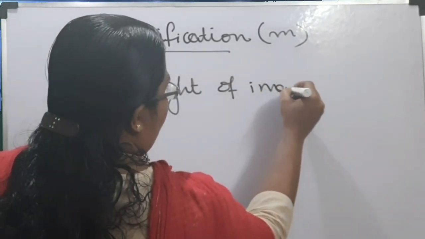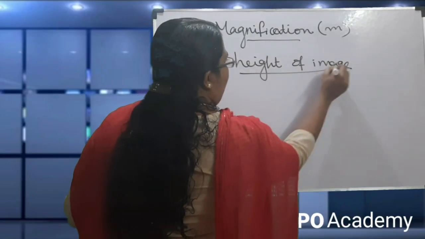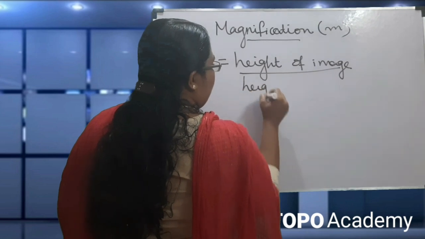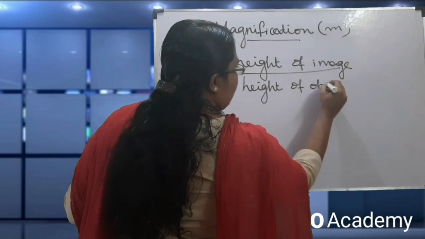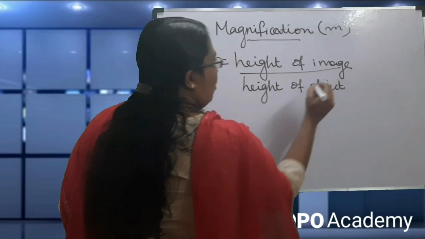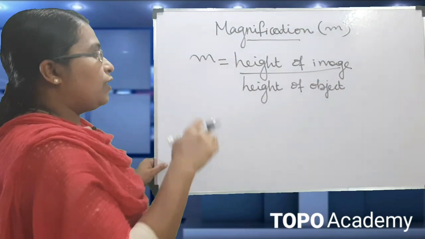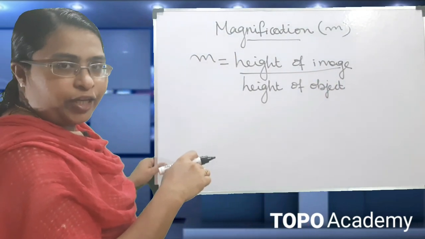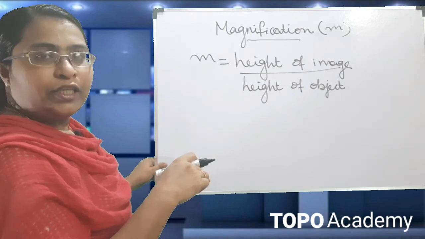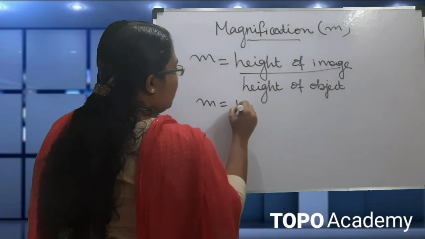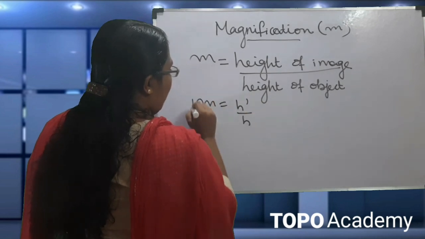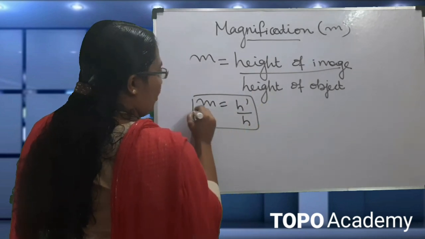What is the letter to denote the height of the image? It is h dash, and the height of the object is denoted by h. So we can write m is equal to h dash divided by h. That we can put as equation 1.